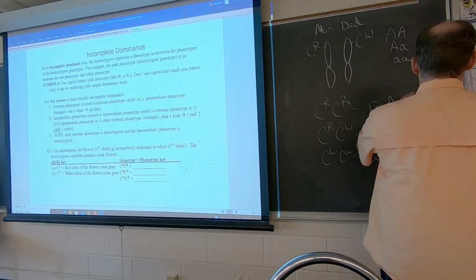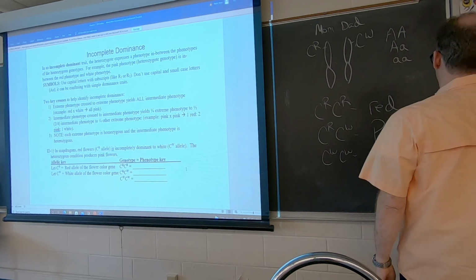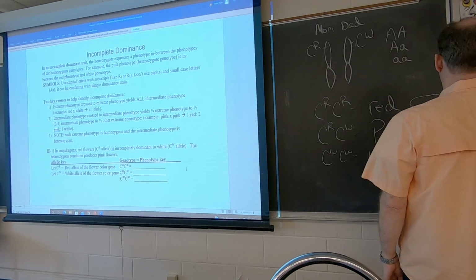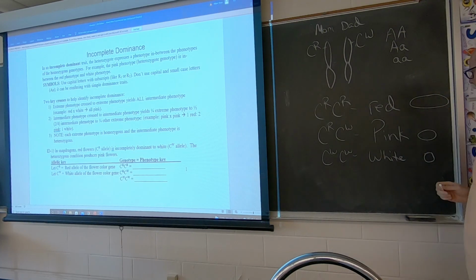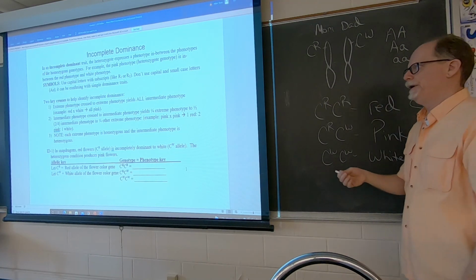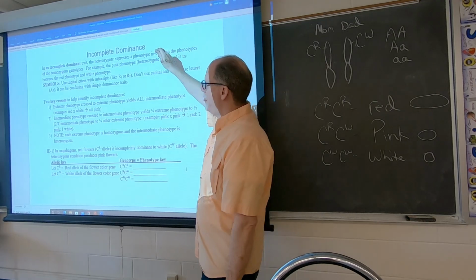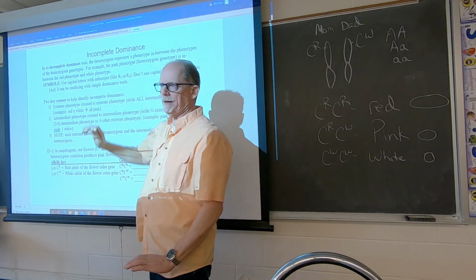There's a radish question, and there's a long radish, a round radish, and an oval radish. Same scenario. Instead of colors, it could be shapes or lengths. Okay? It's a blending or an in-betweenness, it's called. That describes incomplete dominance.